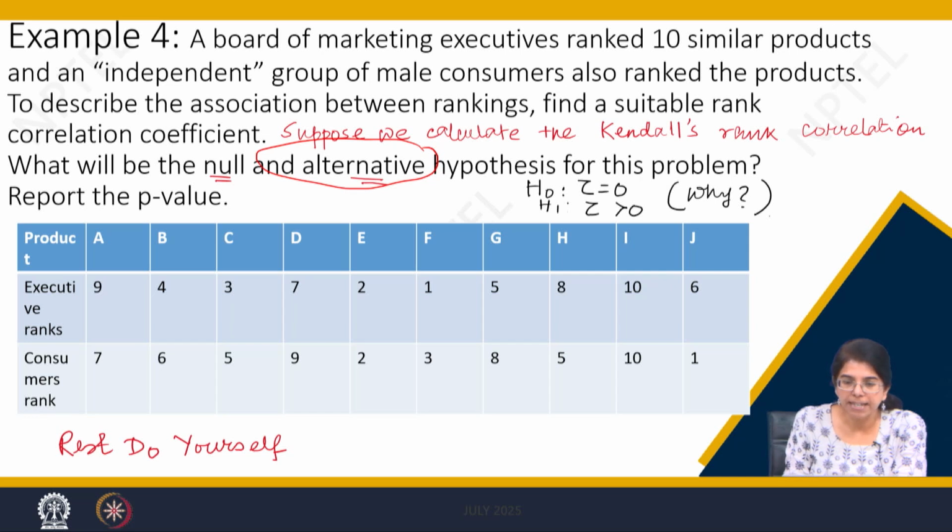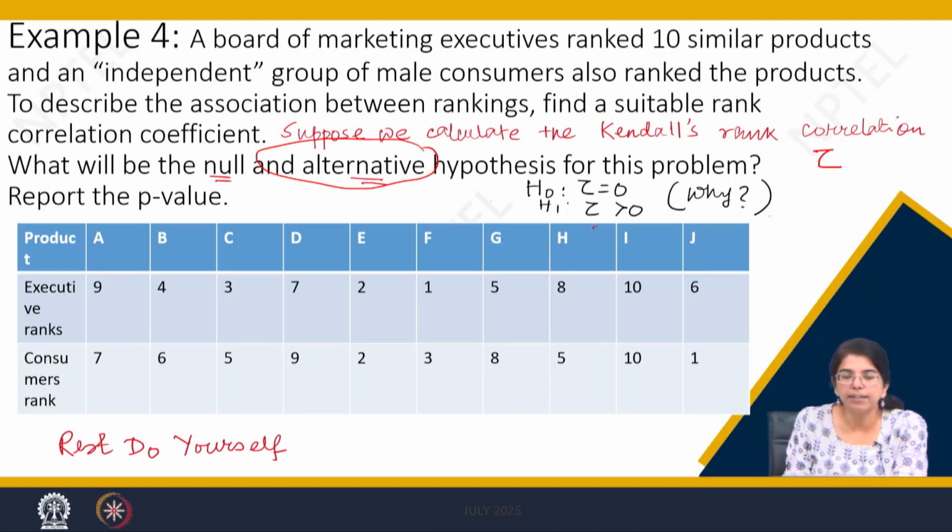Why? You have to read the question again and again just to fathom what your question actually asks. So in this case, if the population Kendall's rank correlation is tau, then your null hypothesis will be tau is equal to 0 and the alternative hypothesis will be tau greater than 0. Why greater than? Greater than means positive association, agreement, concordant.